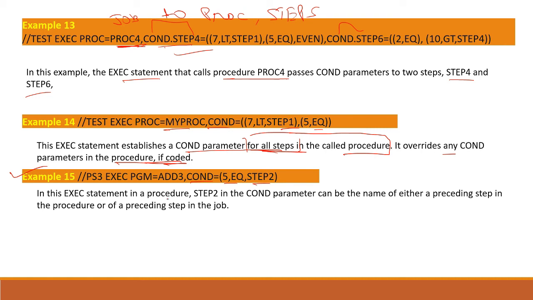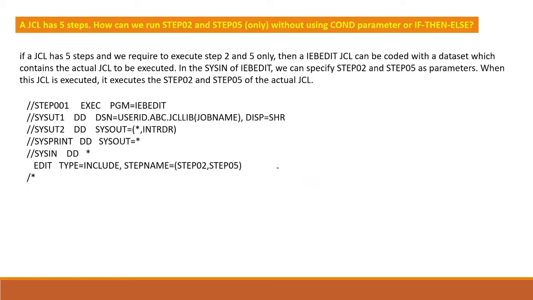In this EXEC statement in procedure step 2, the COND parameter can be the name of either a preceding step in the procedure or of the preceding steps in the job. It can check the return code. If we have a step in the job also, it will check it, and in the procedure also. If it is in procedure step 2, it can check from either the job or the procedure.